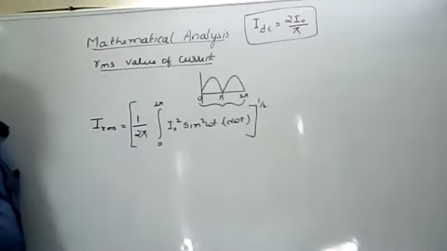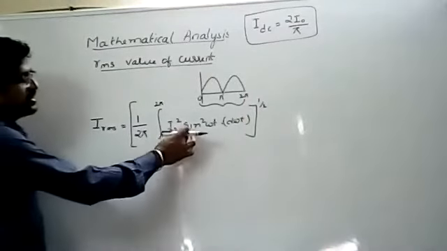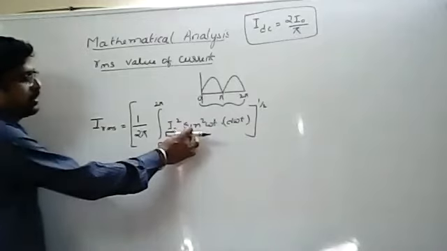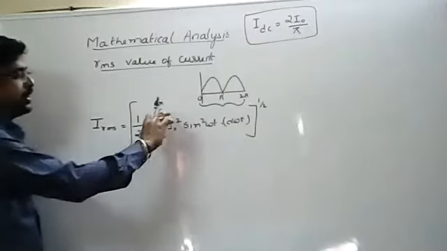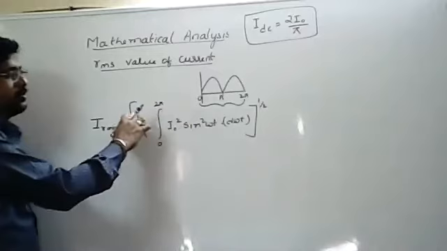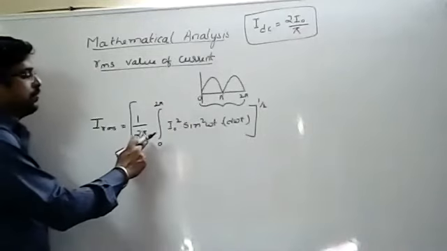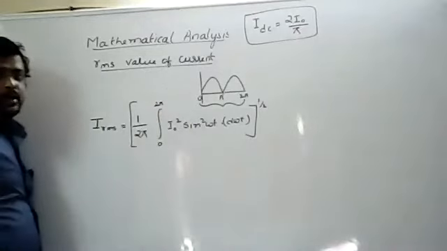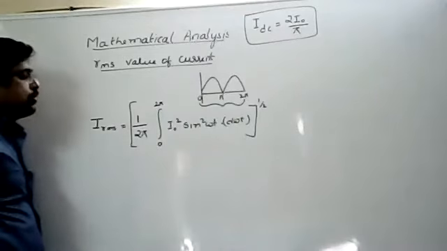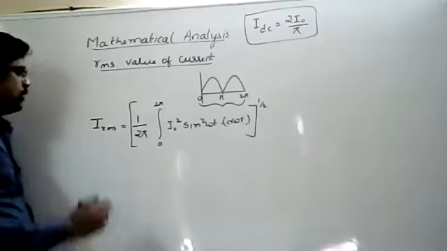Everything you should put under root. So this is a current value, you are squaring it, then calculating the mean, the average, and then from the average you are applying the root. That is called the root of mean square value.